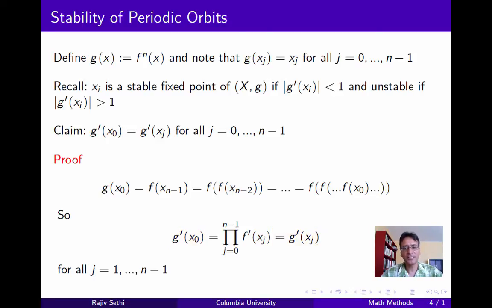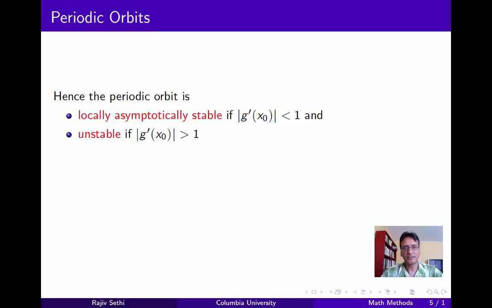So to check for stability of an orbit, all we need to do is to check for stability of a single point under g. So we can summarize this as follows. A periodic orbit is locally asymptotically stable if the absolute value of the slope of g at x0 is less than 1, and it's unstable if that slope is greater than 1, and you could replace x0 in this expression with any of the points in the orbit.